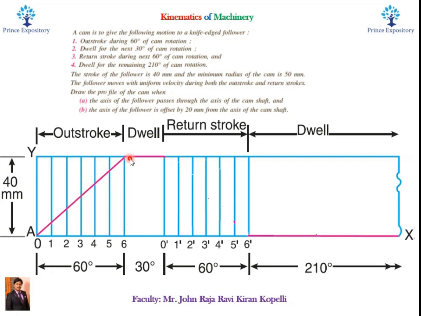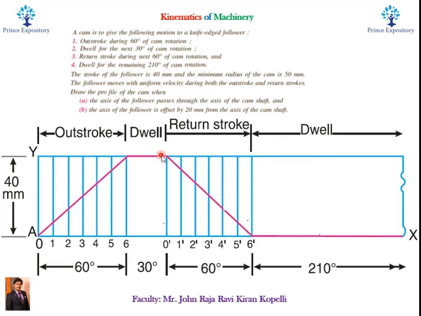And then after dwell, why are we just drawing this inclined line? In the sense, the follower, when it is starting from the cam rotation 0 degrees, will maintain a constant velocity and reaches up to the maximum height with uniform velocity. And then the follower doesn't have any displacement. That's the reason up to 30 degrees it will be dwell.